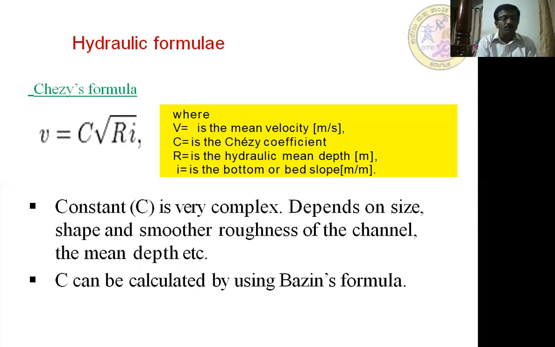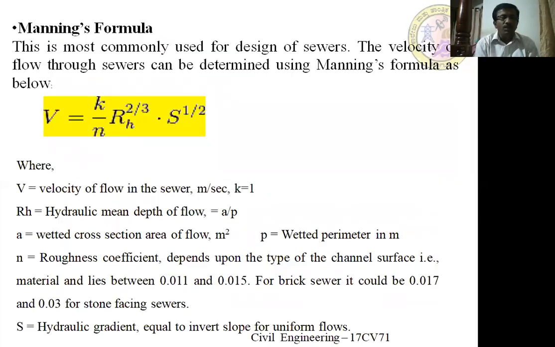So substitute the value of C equals 1 by n R to the power of 1 by 6 in Chezy's equation and simplify. Finally, we get V equals 1 by n R to the power 2 by 3 S to the power of 1 by 2, where V is the velocity of flow in the sewer in meters per second.